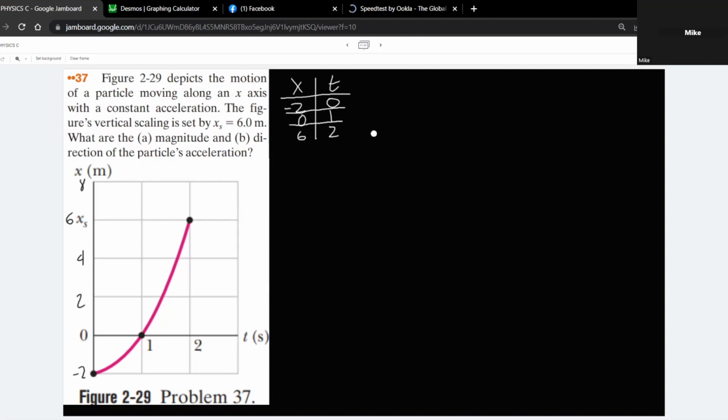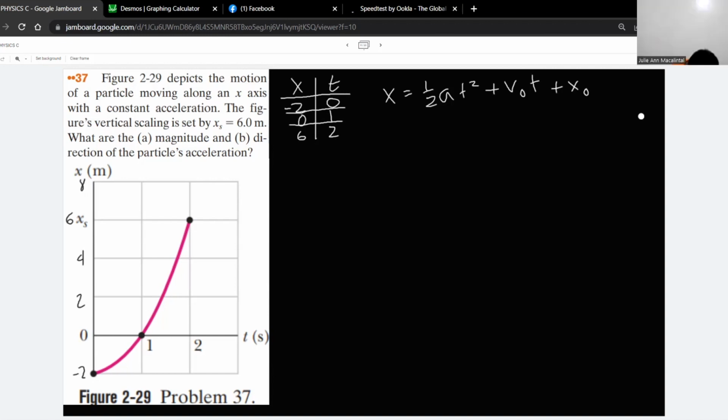Okay, tapos for constant acceleration, we know that x equals 1/2 a t squared plus v naught times t plus x naught. Inferred po from yung second.